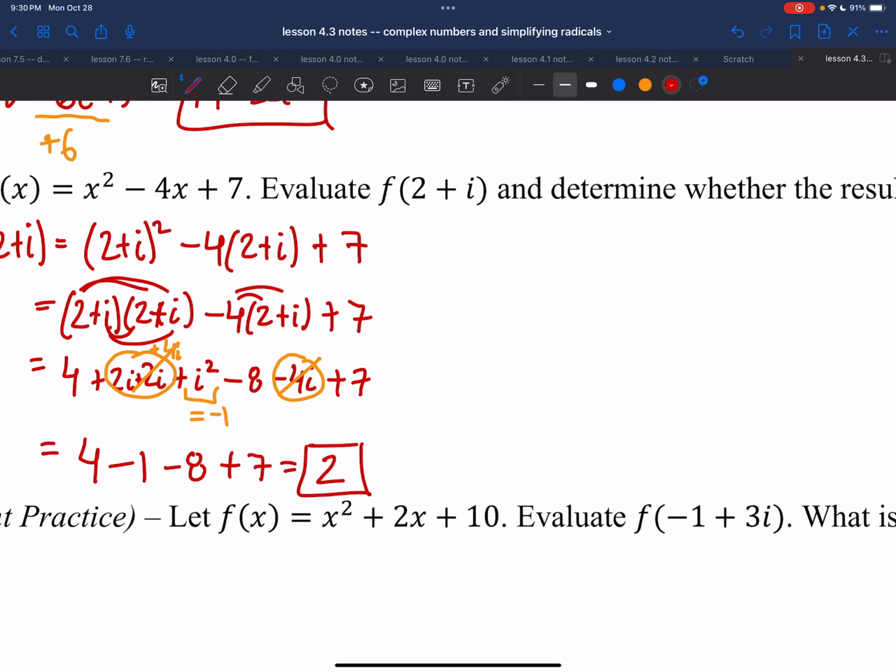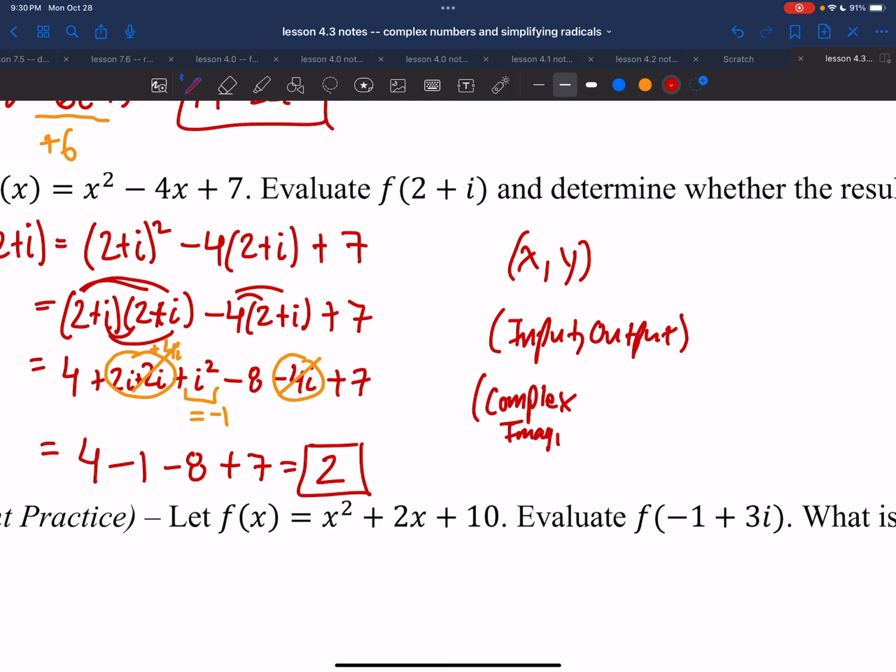And this is a little interesting because if you think about it, x comma y, input comma output. You input a complex or imaginary expression, but you got out a real number. Because, right, it's just 2. It's just a number 2.